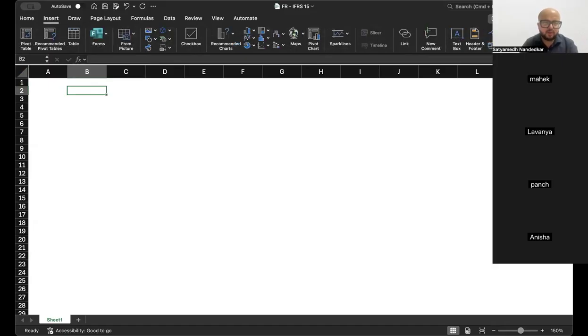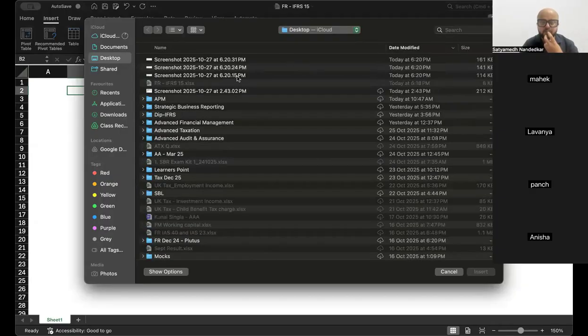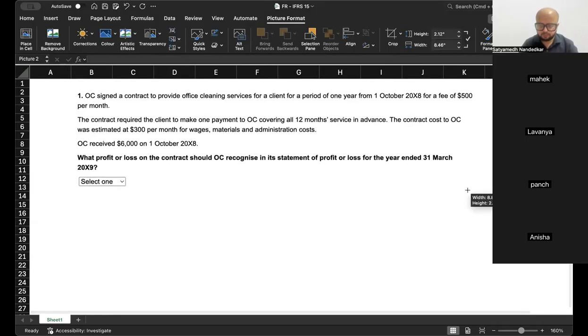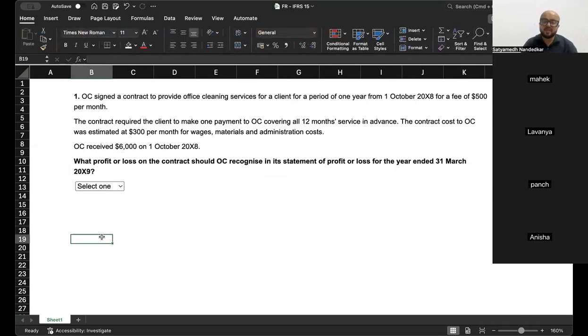This is again a question from the kit. Have a look. OC signed a contract to provide office cleaning services for a client for a period of 1 year from 1st of October 2008 for a fee of 500 per month.